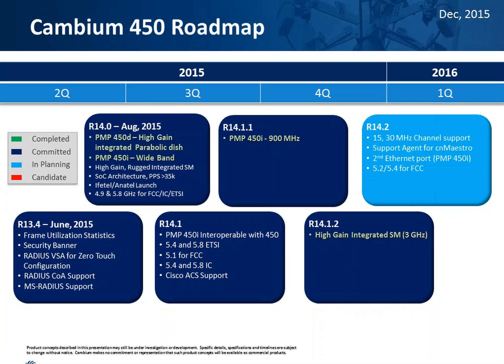We're in the process of launching a high gain integrated 3 gigahertz SM. I'll talk about that in a little more detail. And then early next year, we're going to introduce additional channel bandwidths, including 15 and 30 megahertz, which will increase the overall throughput per sector.